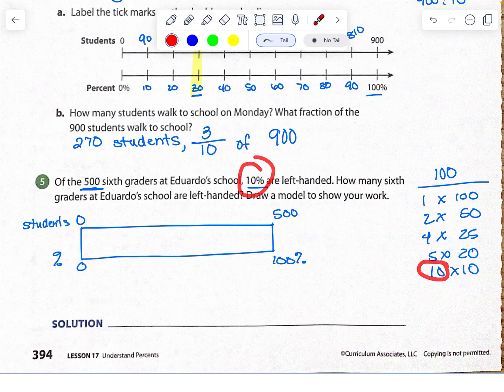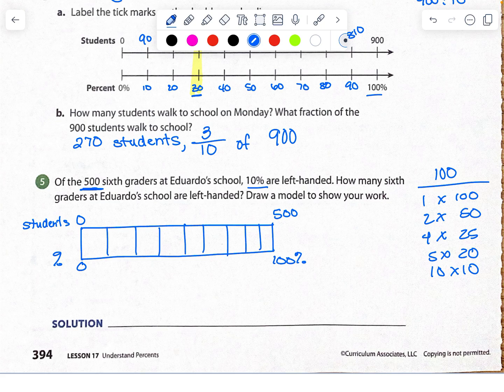I'm going to go with the 10. So that means I'm going to split it up into 10 sections. Okay, 9 lines, 10 sections. 100 divided by 10 means I'm counting by 10s here. Okay, since I'm just showing my work, I'm going to put a ... to say this is extending.